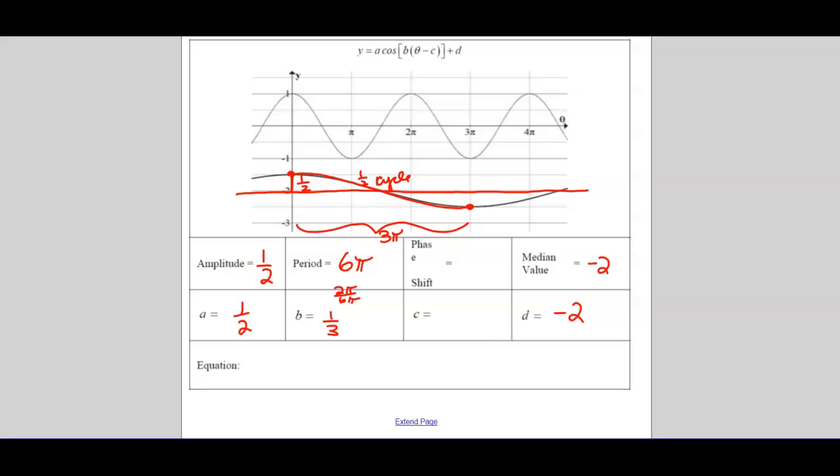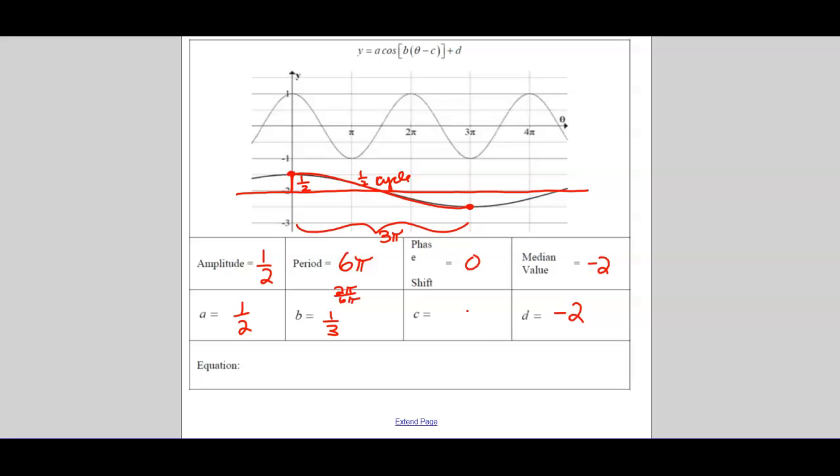So think about it in 2 pi, you can tell you're getting a fraction of a cycle in the original period. You're getting 1/3. Then phase shift, is there one? Not if we're dealing with cosine, which we are. There isn't one. It's starting at a max at the y-axis, as the original does as well.